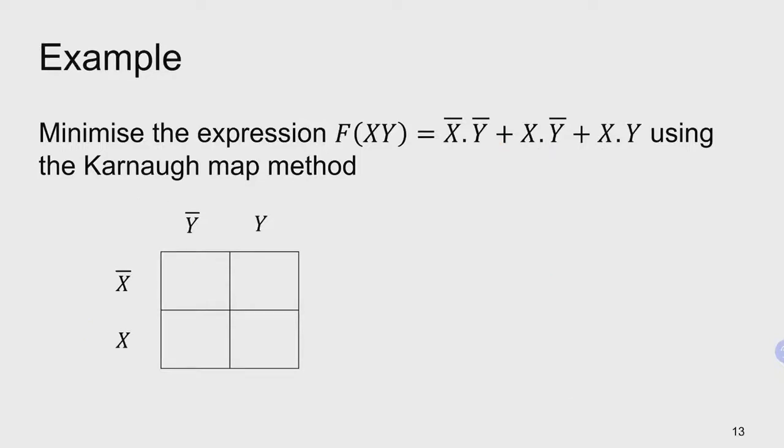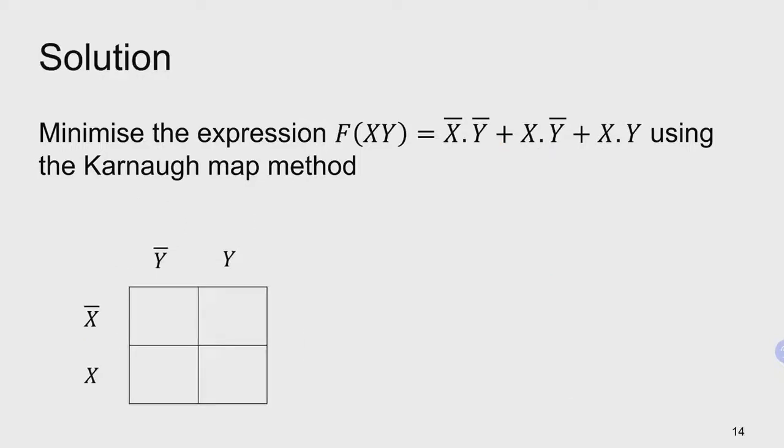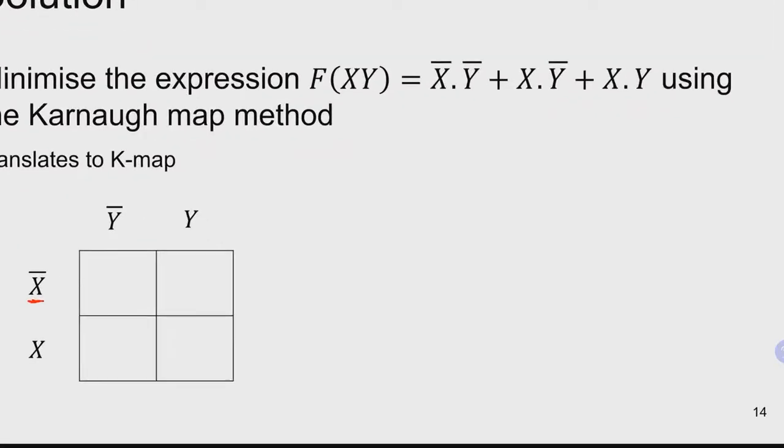Here's another one. So to put it onto a KMap, we translate the function into a KMap. So we have x bar, y bar. So here is x bar, and then y bar on the top. So we can put a 1 here. Then we have x, y bar.